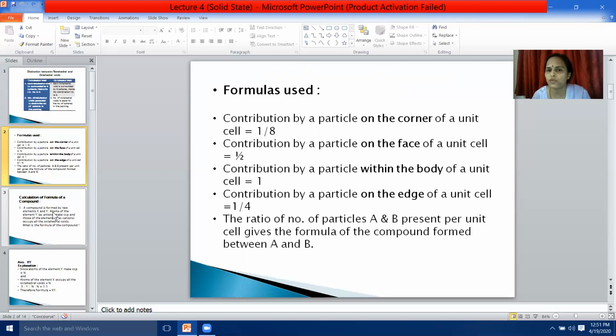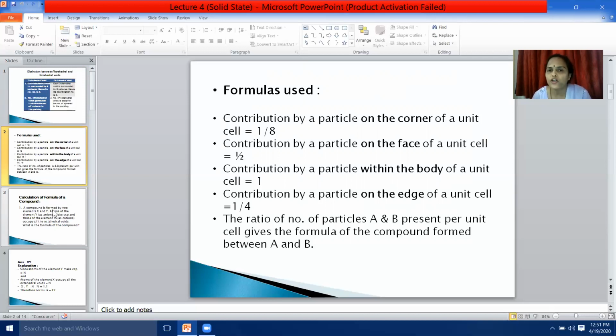In primitive cubic unit cell, the contribution by a particle on the corner of a unit cell is equal to 1/8, because one unit cell shares 1/8 part of that atom. Second formula: in face-centered cubic unit cell, the contribution by a particle on the face of a unit cell is equal to 1/2.